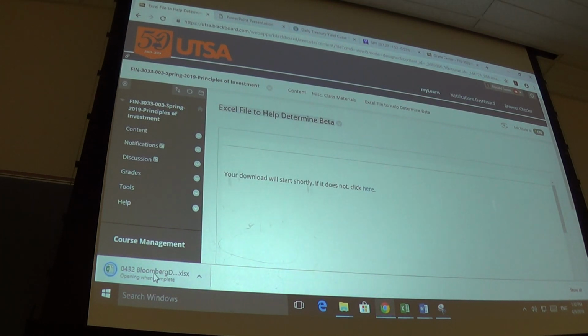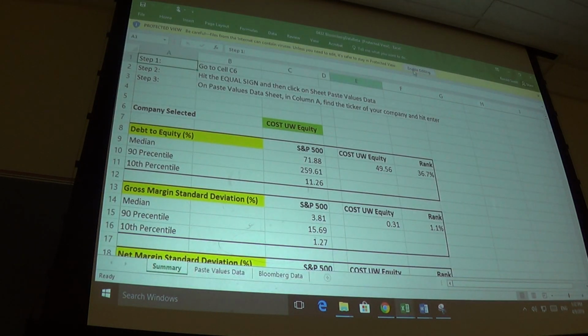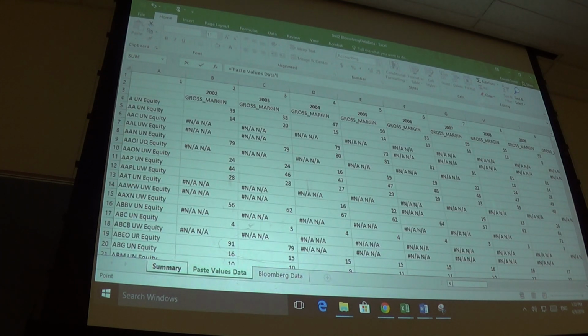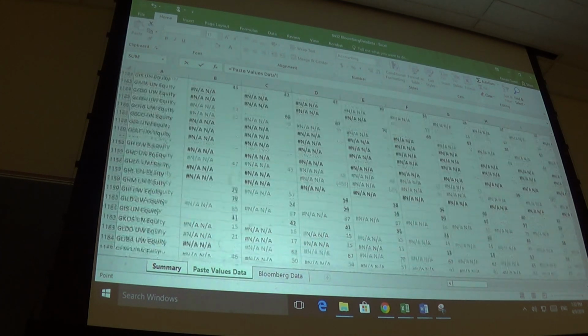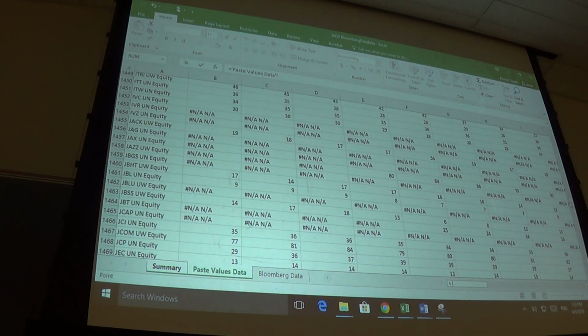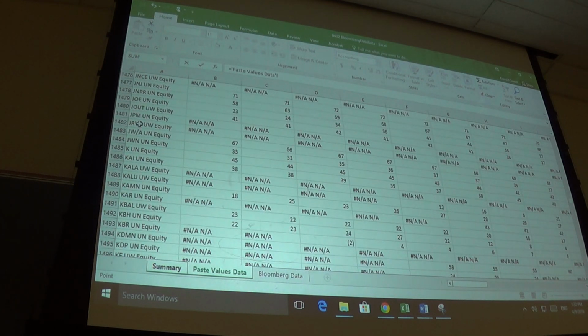It helps you with both operating leverage and debt to equity. So you just click in the green cell, hit the equal sign, and go find your company alphabetically. You have to do it by the ticker, not by the company name. So Kellogg should be the very first company. So there's Kellogg's right there.